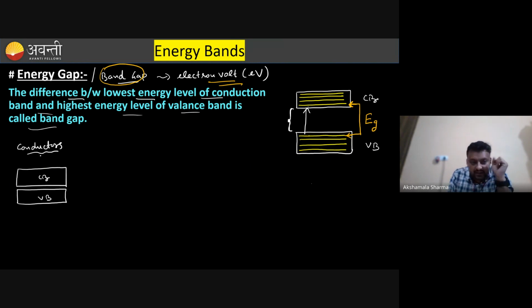But if in conductors this gap is small, that means at a very low temperature or very little energy, the electrons can easily jump from valence band to conduction band, and that's why conductors can conduct more.